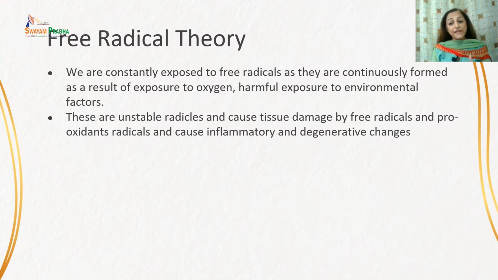Along with certain other unstable compounds, we call them pro-oxidants. These are radicals such as superoxide, peroxide, hydroxyl radicals. Along with free radicals, they are the basis for inflammatory problems inside the body.